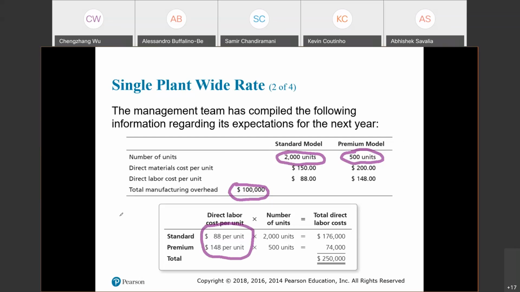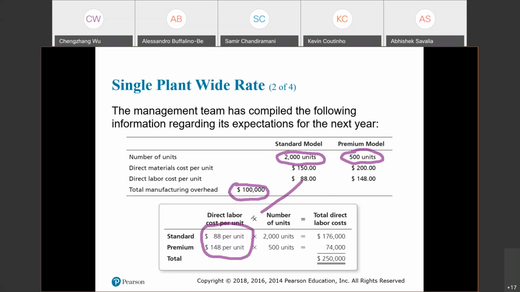For the standard model, the estimated direct labor cost per unit is $88, and for the premium model, the estimated direct labor cost is $148.